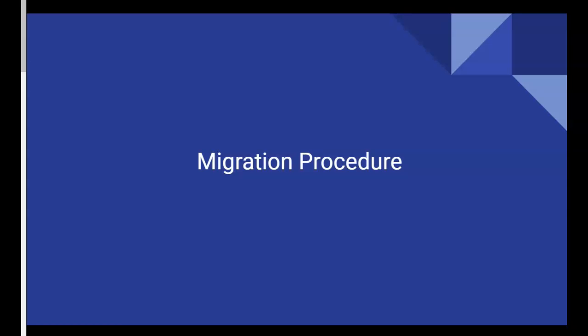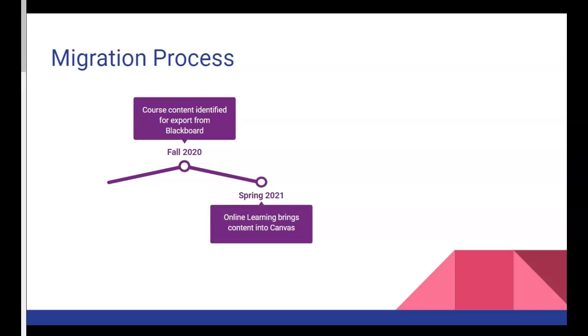So the procedure then for getting out of Blackboard and into Canvas has already begun. Last fall, we had faculty identify the content they wanted to get out of Blackboard. This spring, then, we are moving that content into Canvas. We will continue to work with that, moving that content in, and we will work with you to make sure that that content is correct and that you understand how to work with it.